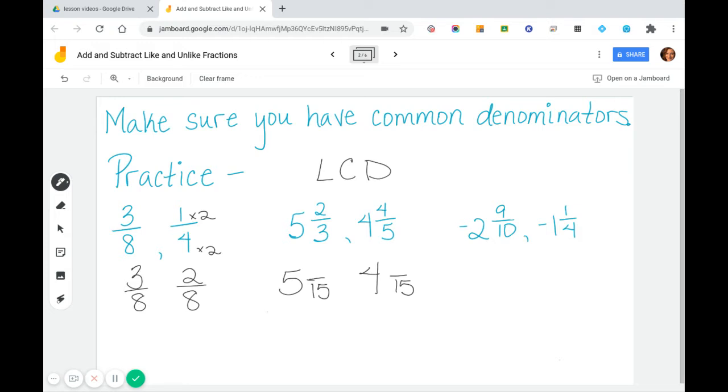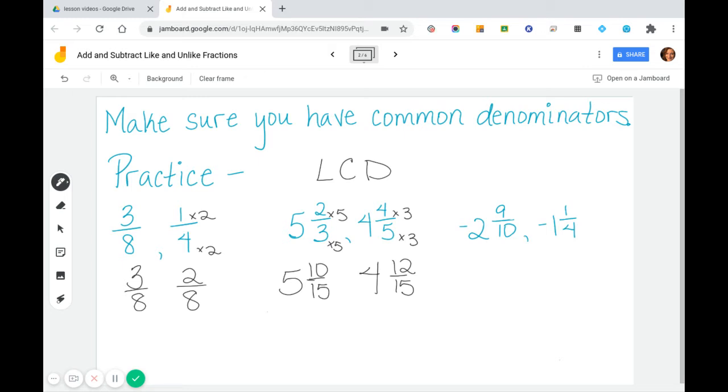It doesn't matter as long as 3 and 5 will both go in there. To get from 3 to 15, I have to multiply by 5. So I'm also going to multiply 2 by 5, and I get 10. To get from 5 to 15, I'm going to multiply by 3. So I'm also going to multiply 4 by 3, and I get 12. There's my equivalent fractions. Now I could go on with whatever the problem's asking me to do.